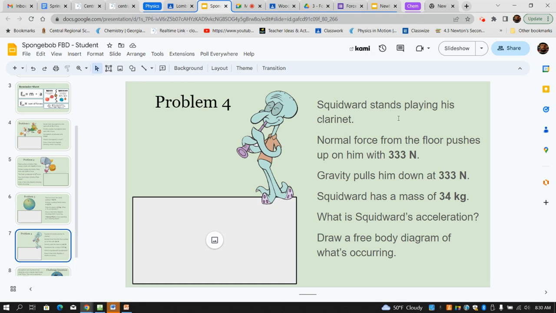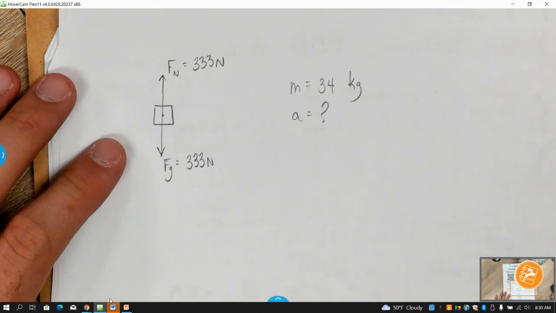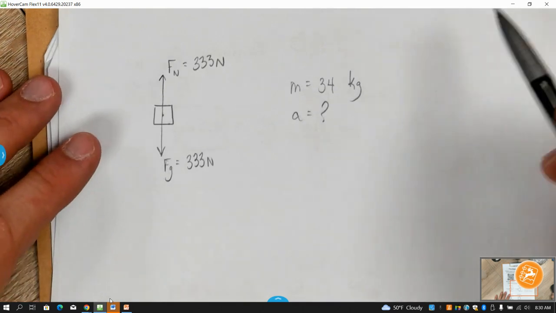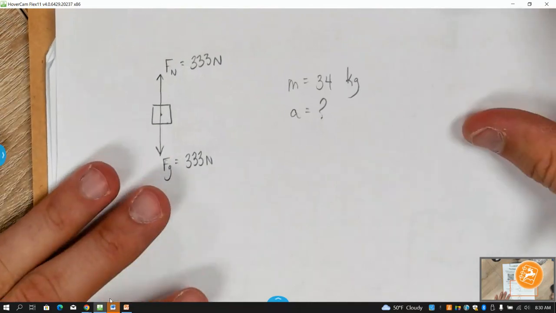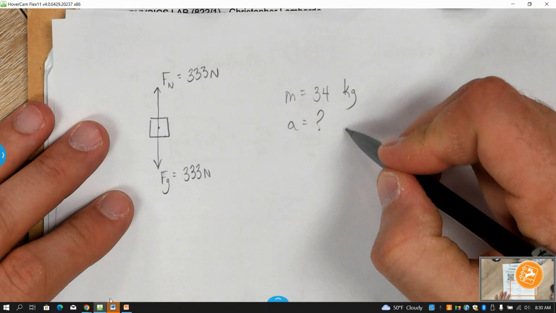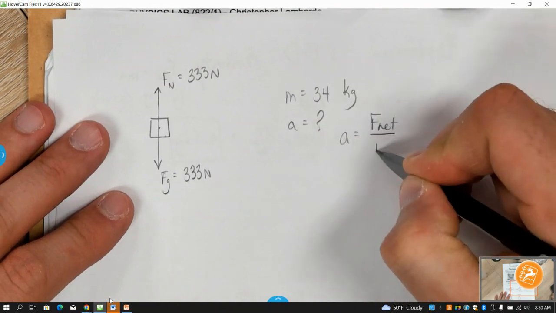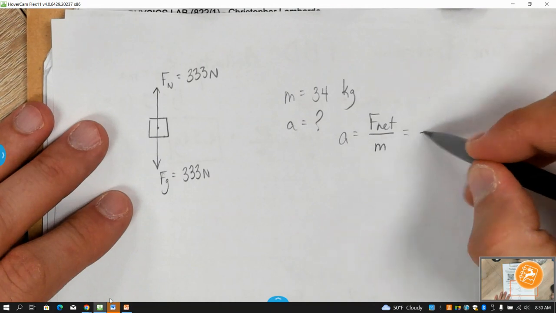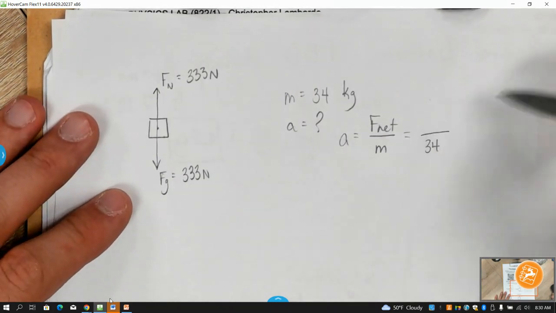Now it just says he stands there playing the clarinet. He's standing, he's not walking, he's not pushing anything. So these are the only two forces acting on him. They gave us a mass. Acceleration they wanted. Well, what is the equation for acceleration? F net over m. We have m of 34. So what would we need to solve this?